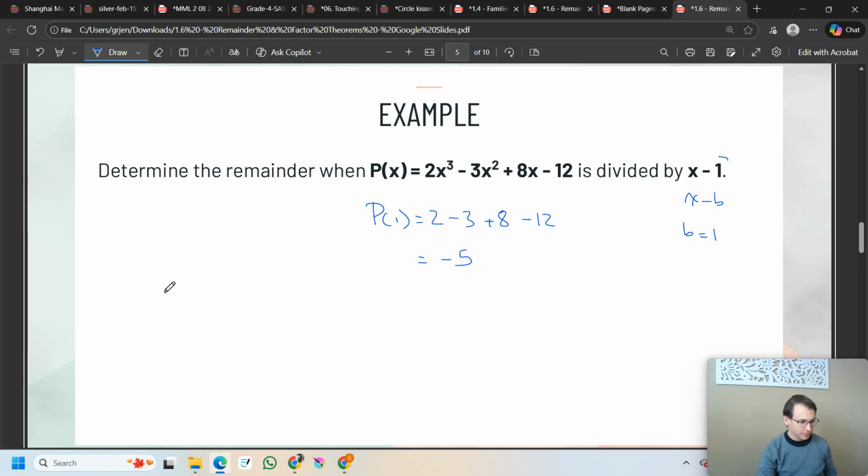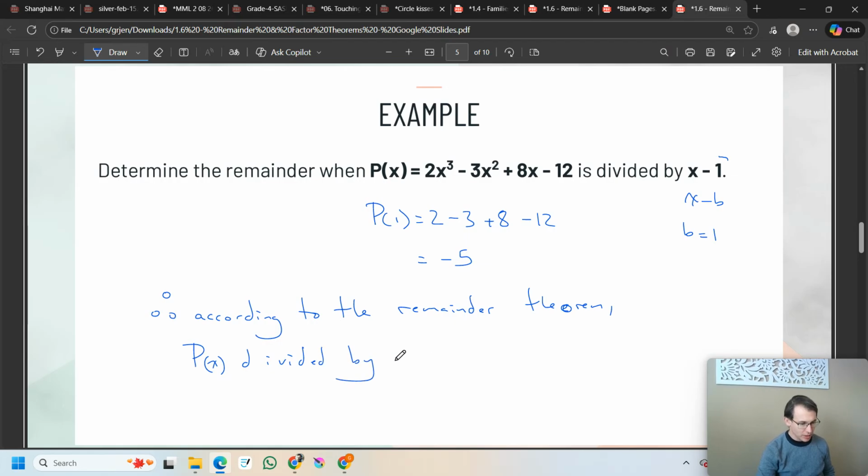Okay, so therefore, according to the remainder theorem, P at x, which is a polynomial function at x, divided by x minus 1 yields a remainder minus 5.